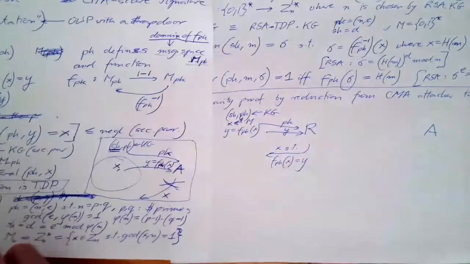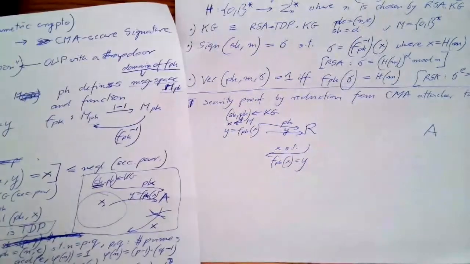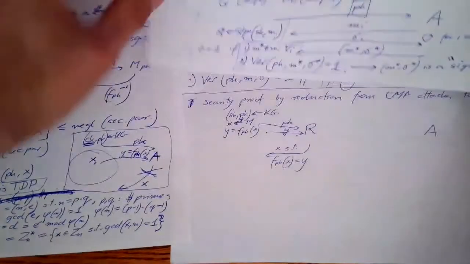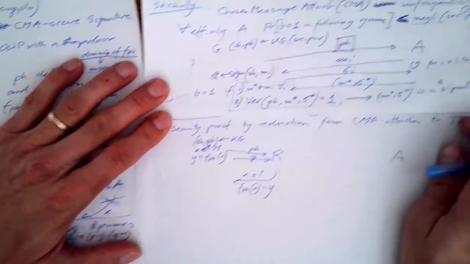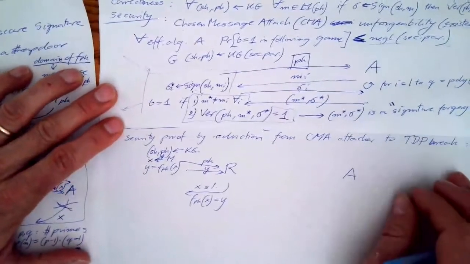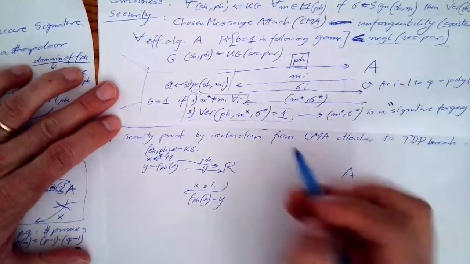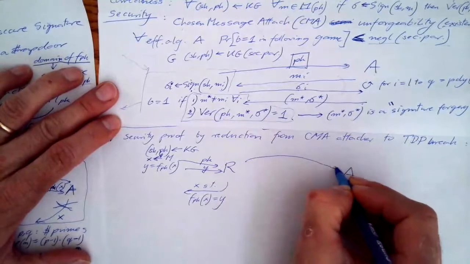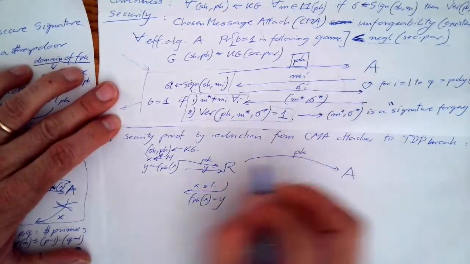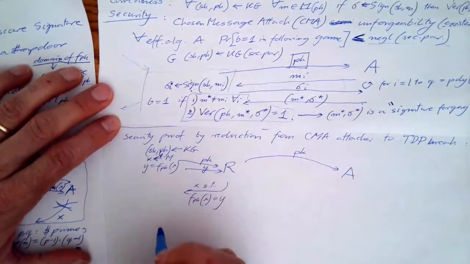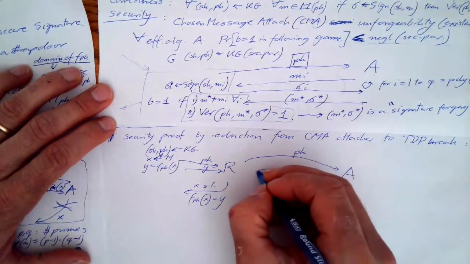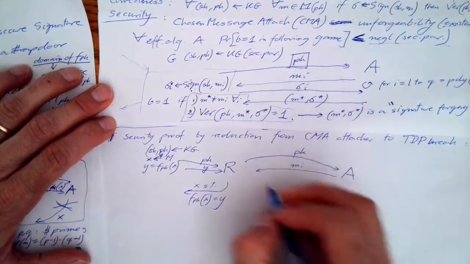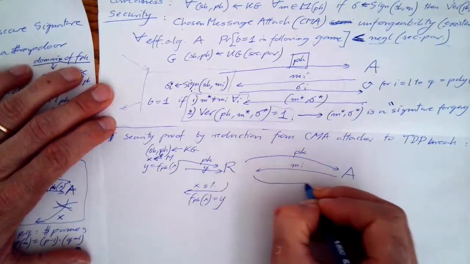Whom does it have on the other side? Well, it has an attacker that supposedly breaks the CMA security of this signature scheme. So first of all, he gets the public key. Well, it's the same public key as the trapdoor permutation. And when he asks for a signature on a message, we have to sign it.